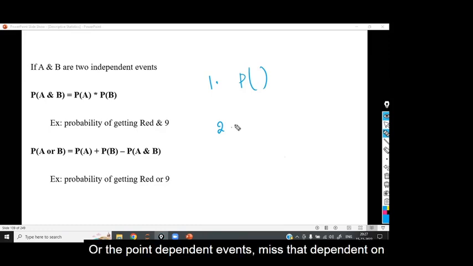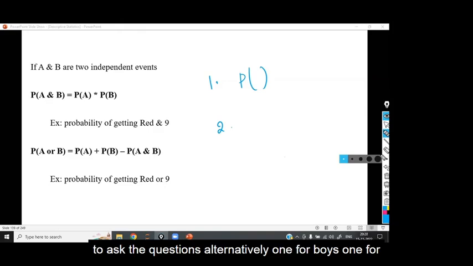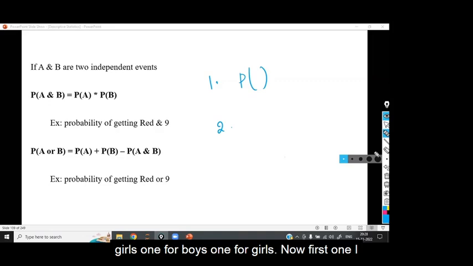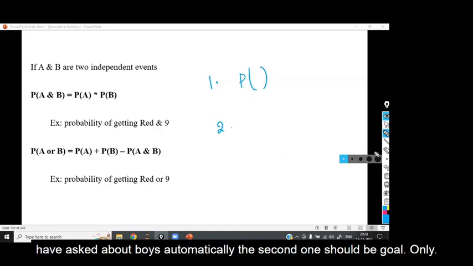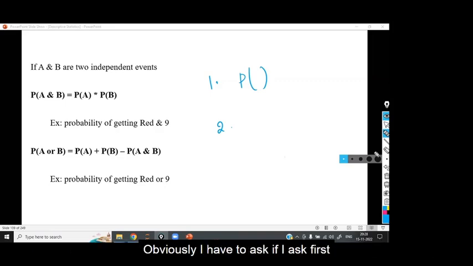Got the point? Dependent events means they are dependent on each other. The second one is dependent on the first one. For example, I want to ask questions alternately: one for boys, one for girls. If I asked the first one for boys, automatically the second one should be a girl.